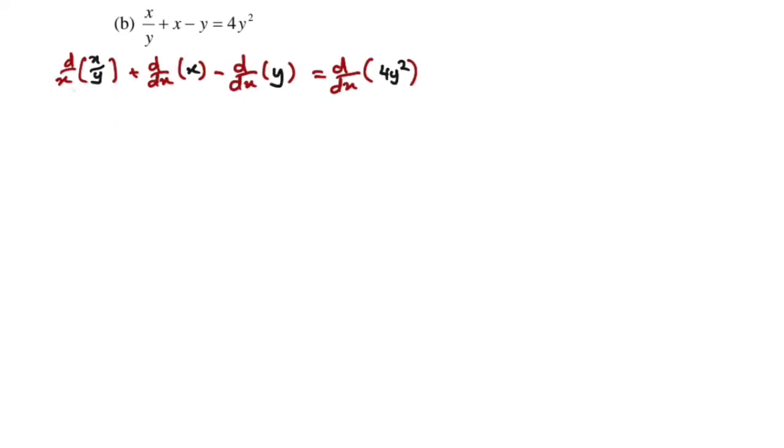To differentiate the first term, this is a combination of x and also y term. So since you want to differentiate with respect to x, we have to differentiate this by using the quotient rule. Why? Because we have a fraction. Write your u and your v next to each other.